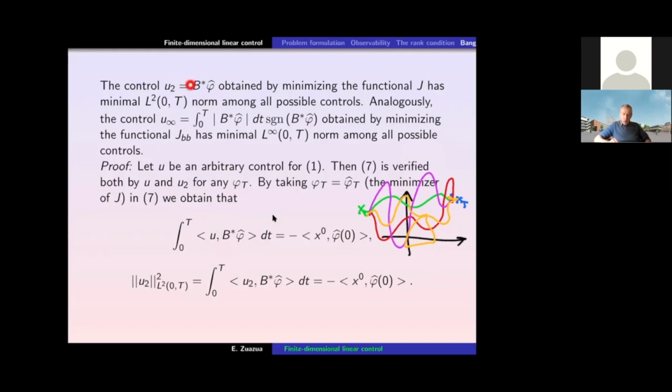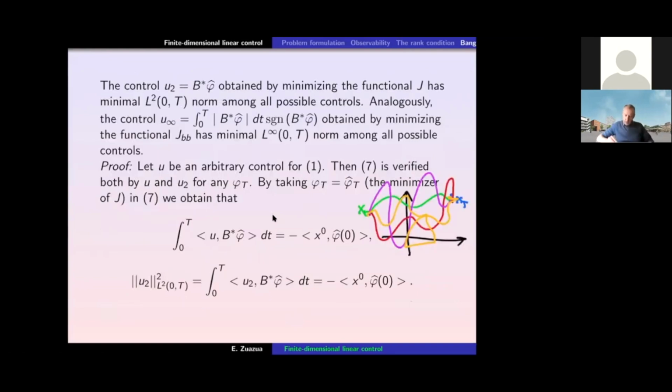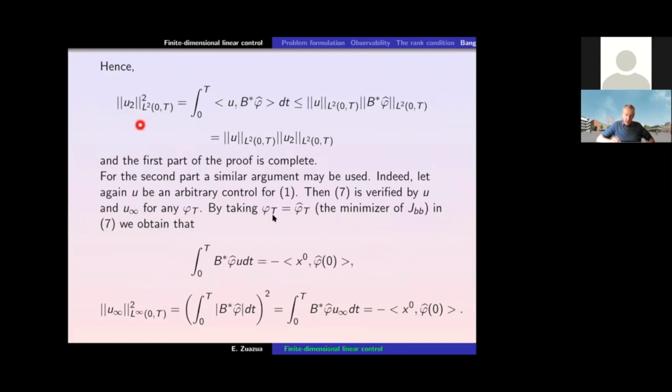Well, you can do that simply by the following argument. You recall the control is such that this duality is true. So whenever you take any other control, because this duality is always true, you will apply the Cauchy-Schwarz inequality, and you will easily get that the new control has norm greater than the control of minimal norm. When you use the fact that the control we are using is the one minimizing the functional, you have an extra property.